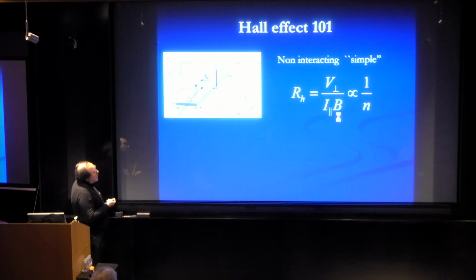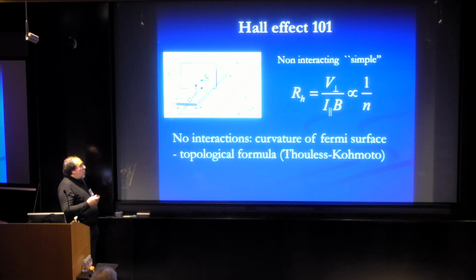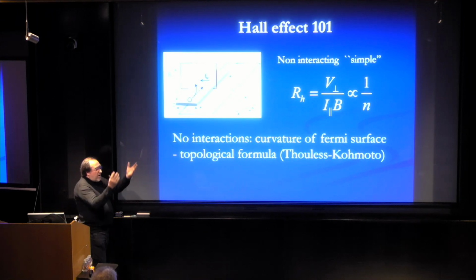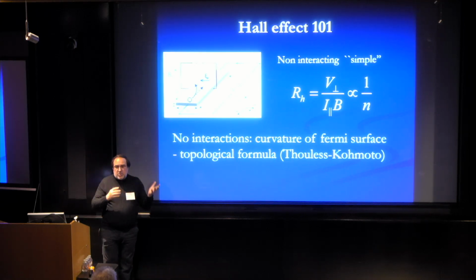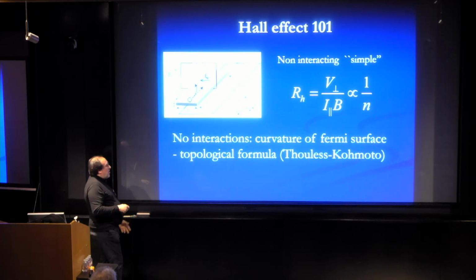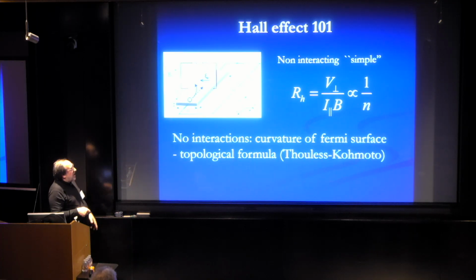So the most well-known urban legend is that this quantity is measuring 1/n, where n is the number of carriers. And already we know that for non-interacting particles, this is wrong. If your Fermi surface has some curvature and so on, there is a very famous formula, the Thouless-Kohmoto formula, which relates the Hall effect to topological invariants of the Fermi surface, and so on and so on.